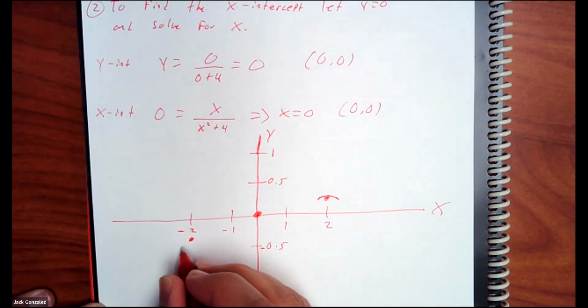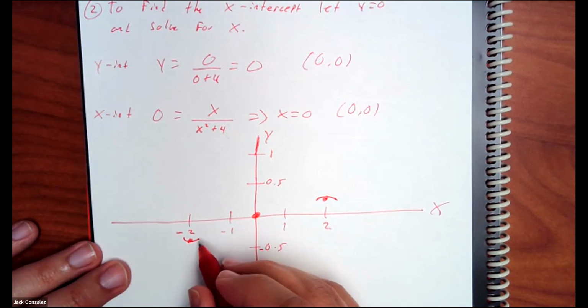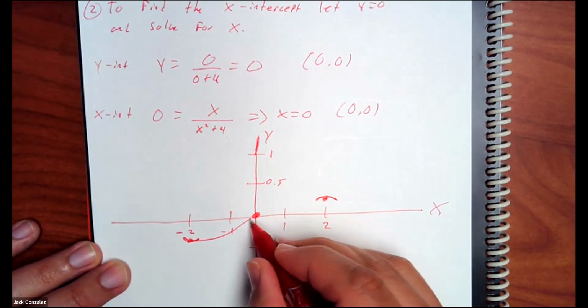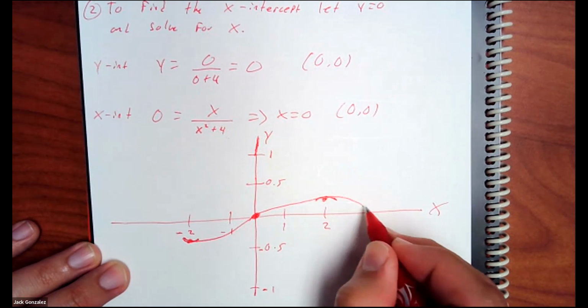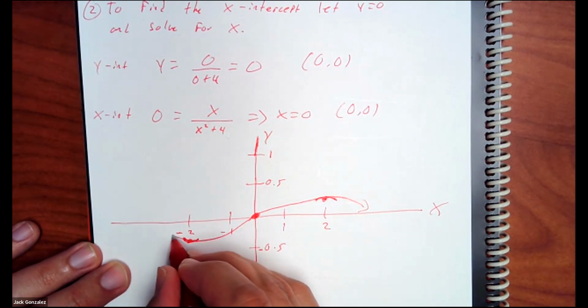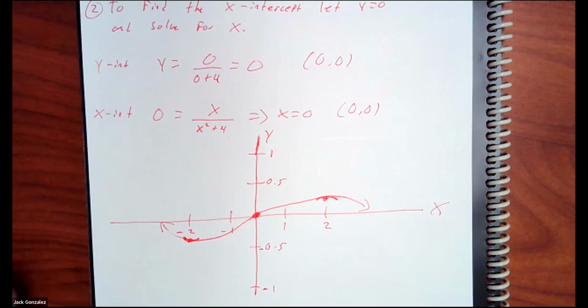So about here, we had a minimum. So the sketch is going to be something like this. And then it starts to decrease after that. Over here it begins to increase. Something like this. So using the first derivative test and the intercepts, I got a sketch. Okay.